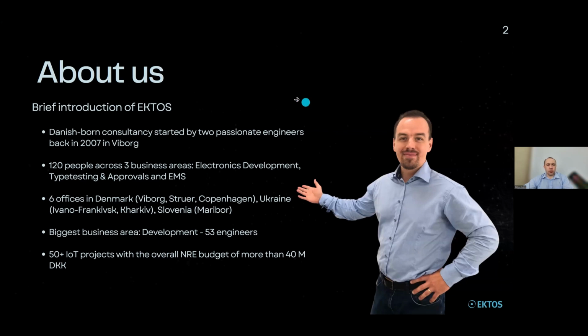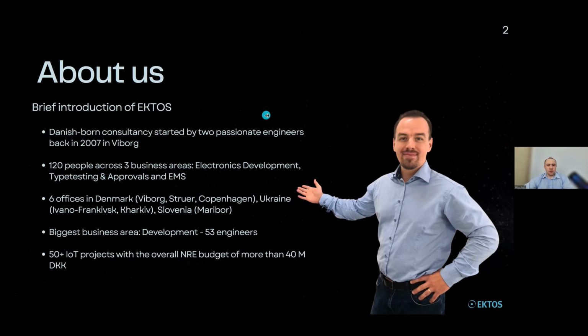Let's talk about EKTOS for a few seconds, just to remind you who we are. We are a Danish-born consultancy, started by two engineers back in 2007 in Viborg, a small town in Denmark. Now we are 120 people across 3 business areas: electronics development, which I represent this evening, type testing and approvals, and electronic manufacturing services, where we deliver electronics to our clients.